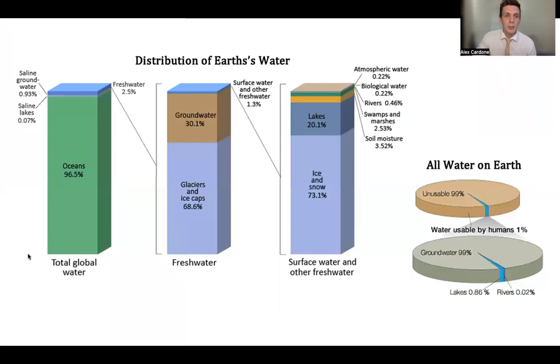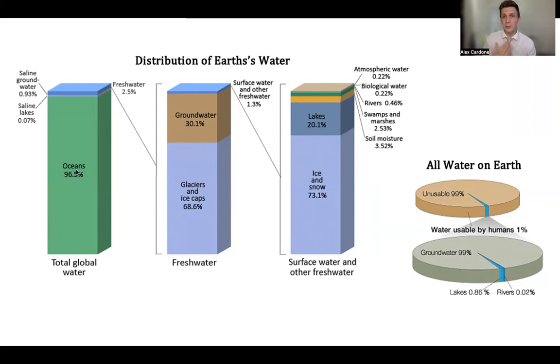The one thing that we can see, this 100% chart right here, just describes the total global water supply. As we can see, this estimates about 96 to 97% of all water on the planet Earth is captured within the oceans. That's all of your salt water. A large majority of water on Earth is salt water.